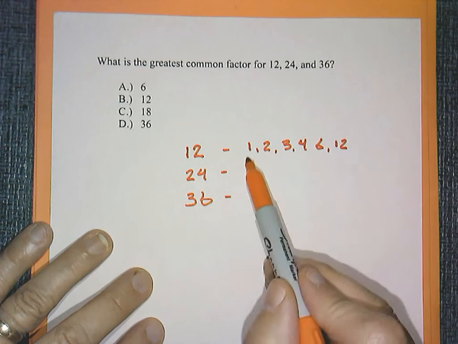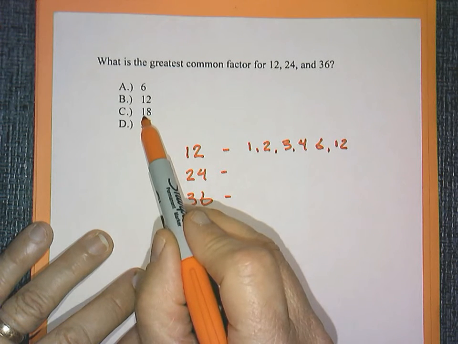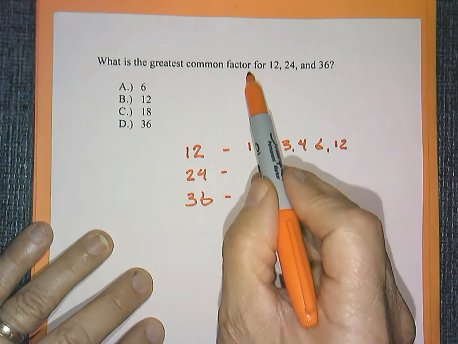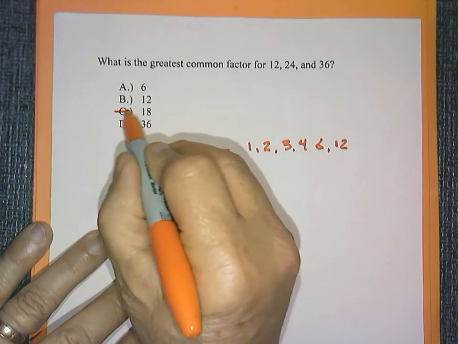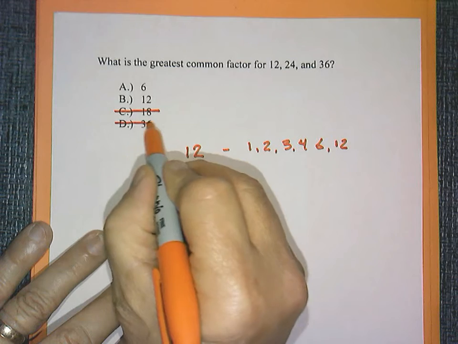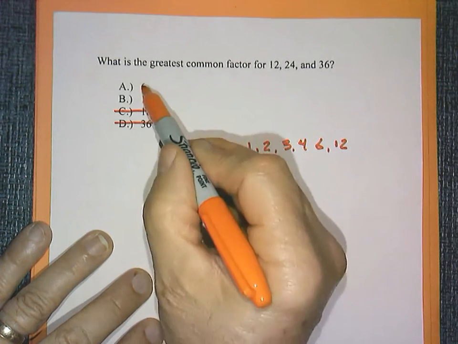Well, right here from 12 alone, I do not see 18. Remember, greatest common factor would have to be a factor for all of these numbers. So I can eliminate answers C and D. The 6 and the 12 are still possible.